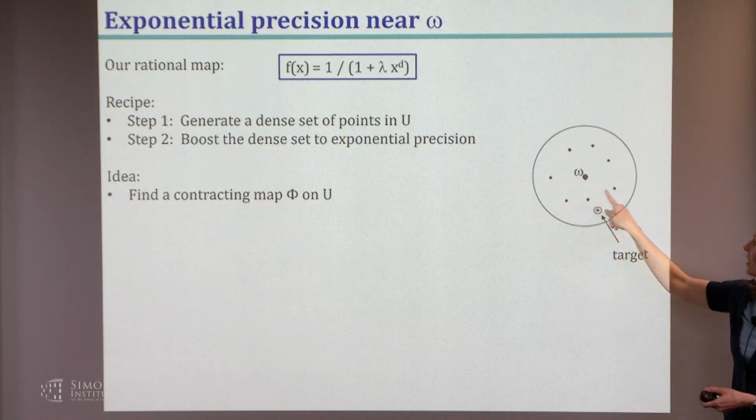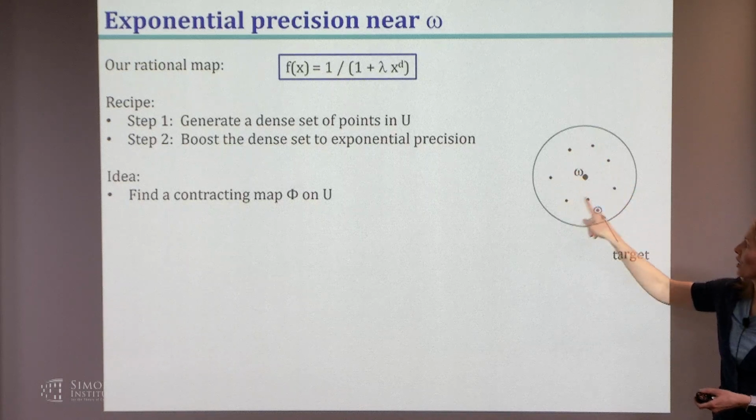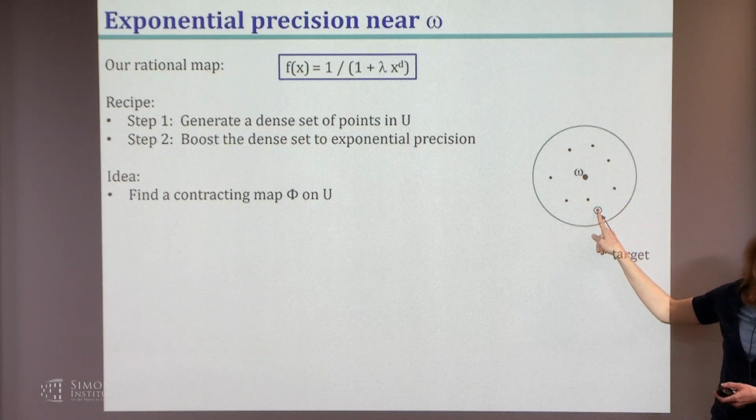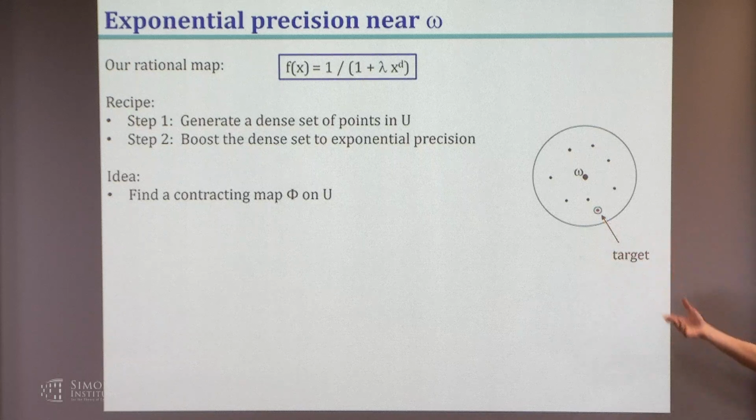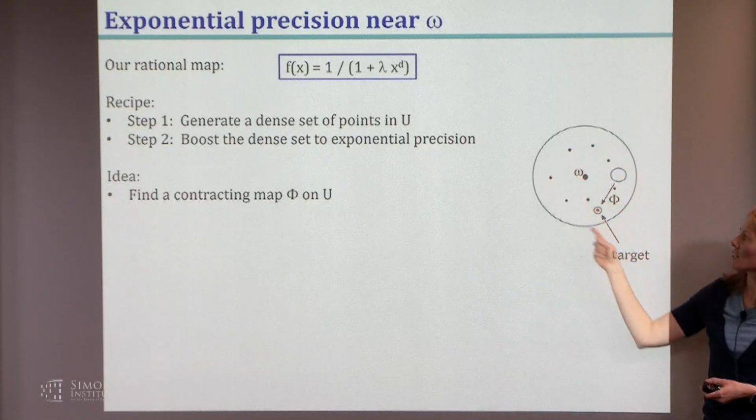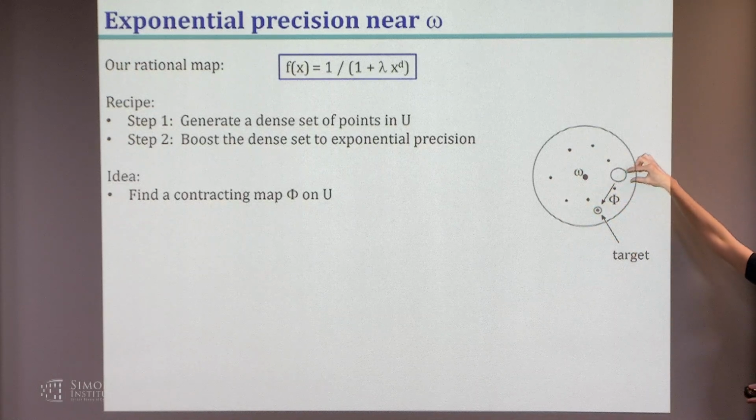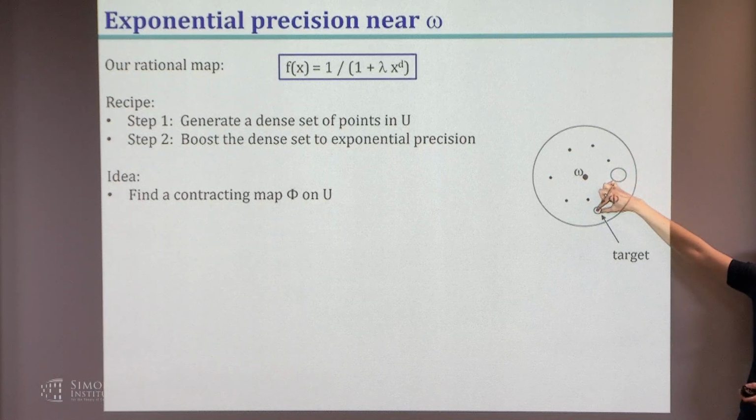I have a covering that is an epsilon covering, but I really want this point and to be close to it. So I need to boost my precision, and how am I going to do it? I'm going to find a contracting map on this neighborhood. So if points were at distance something, now they're going to be at a distance smaller by some L less than 1, so it's contracting with a factor of L.